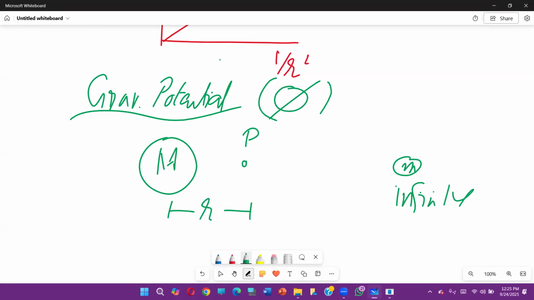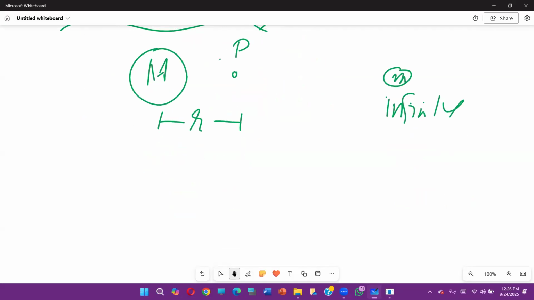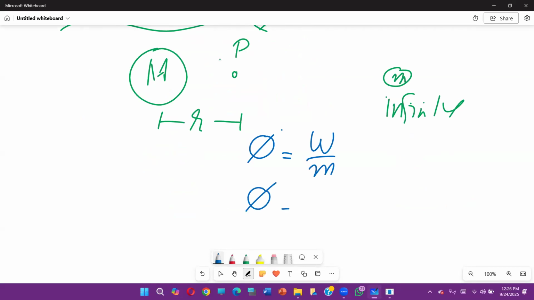From infinity to the point. To the point. Very good. And what is the formula? Phi is equal to W upon. What is the second formula?